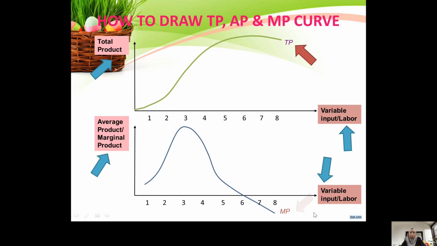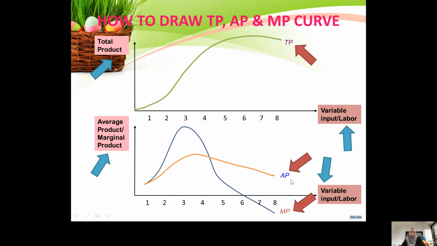So label the curve for MP. MP stands for marginal product, so you just write MP. Label the marginal product curve as the MP curve, and then after that draw the average product curve.